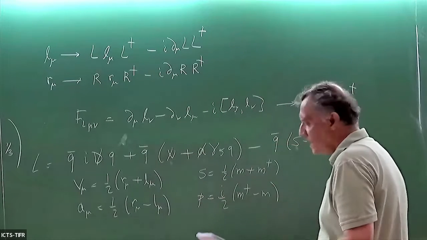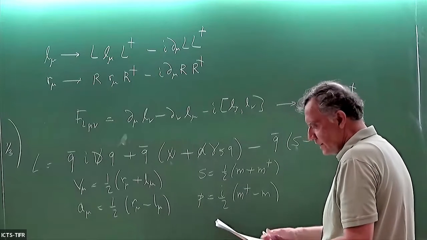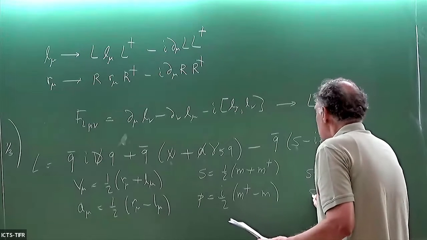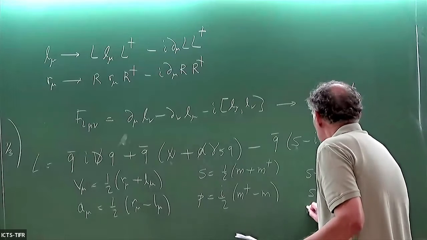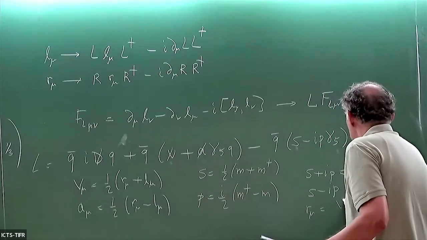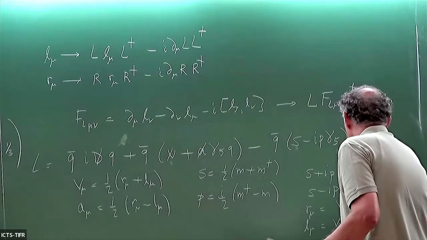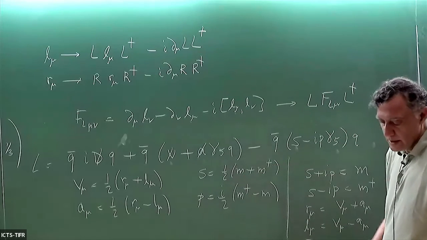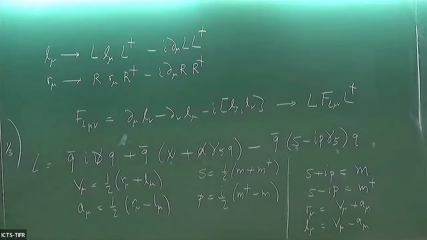So you can go one way, and if you want to go the other way, maybe the best one is S plus iP is M, S minus iP is M dagger, and R_mu is V_mu plus A_mu, and L_mu is V_mu minus A_mu. So you can go between the left-right version and the vector-axial-pseudoscalar version.